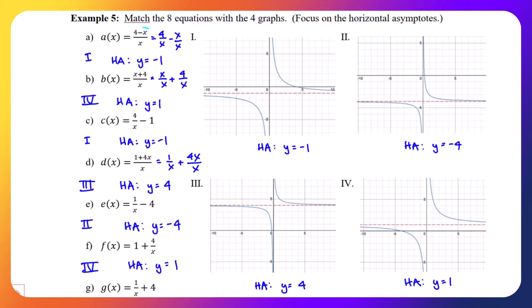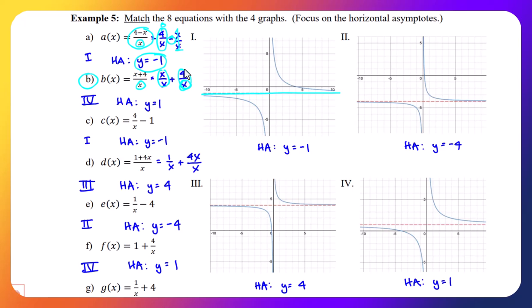So if we take a look at these, let x be a common denominator. So this, as x gets bigger and bigger and bigger, that becomes 0, and that's 1. So the horizontal asymptote is -1, and that's this graph. Here in B, the common denominator is x, so I write it out like this.